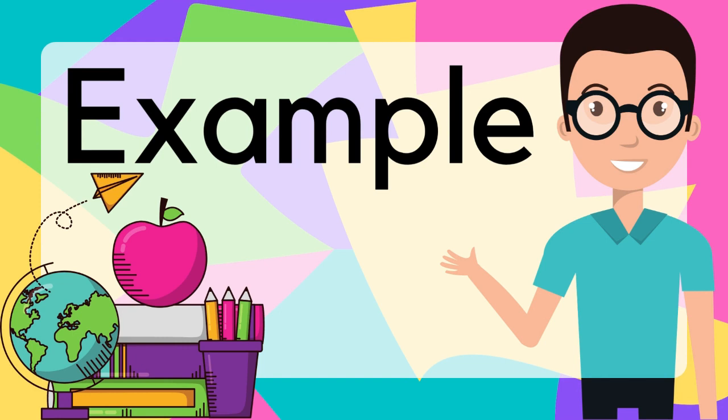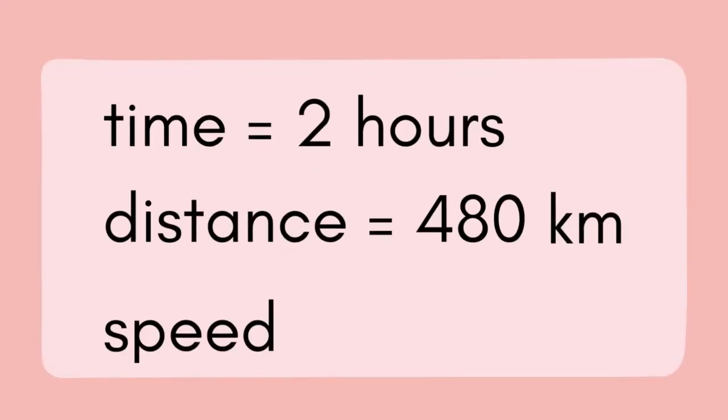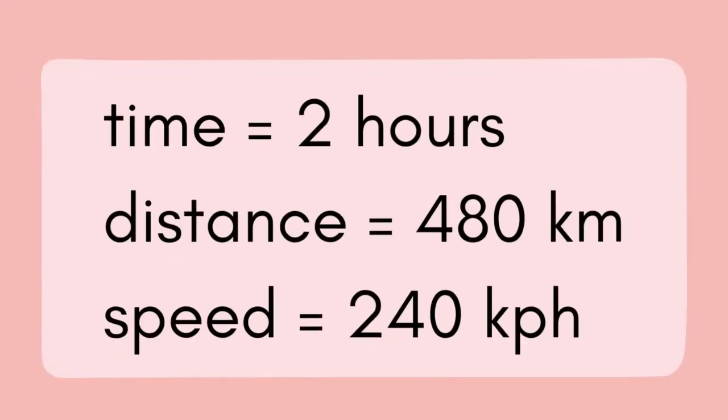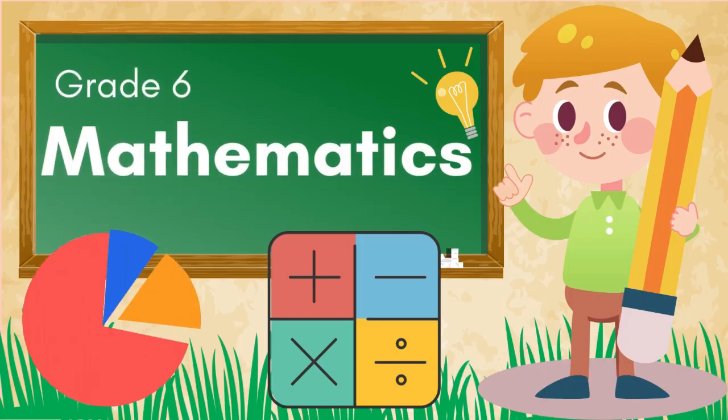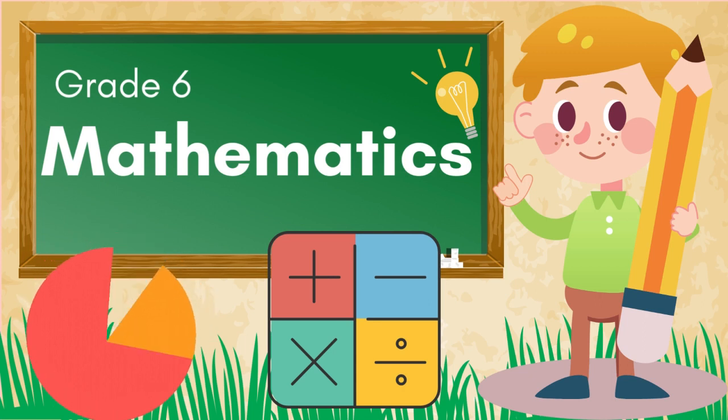It would take the train 2 hours to cover 480 kilometers with a speed of 240 kilometers per hour. In the example, 2 hours is the time, 480 kilometers is the distance, and 240 kilometers per hour is the speed. Now, let us learn the information about speed.